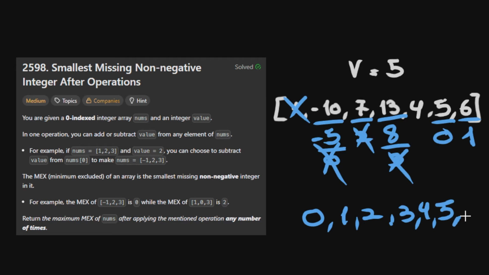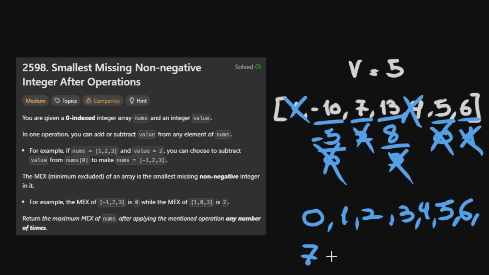Now we are trying to get 6, but here we have a 1 because we are speaking different languages. So we take the current number 6 modulo the value 5, and the result is 1. So we are actually looking for a 1, and here we have a 1. So we take this and we can get 6.